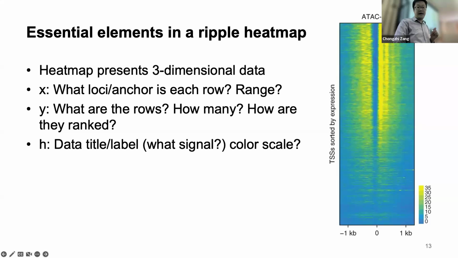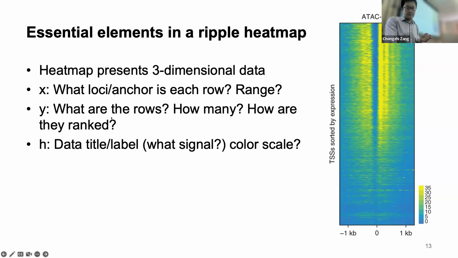What is the anchor? For example, this plot looks at the transcription start sites of hundreds of thousands of genes, aligned according to their transcription start site coordinates. That's the anchor. And what is the range? In this plot they look at minus 1 kb to plus 1 kb from the transcription start site.